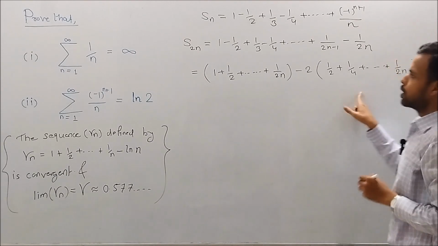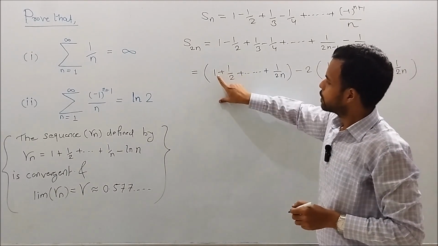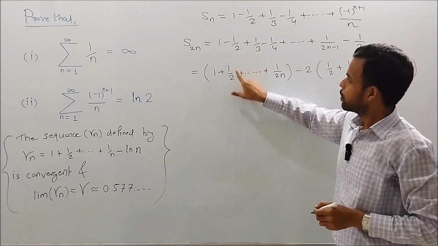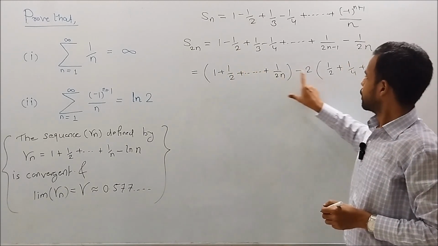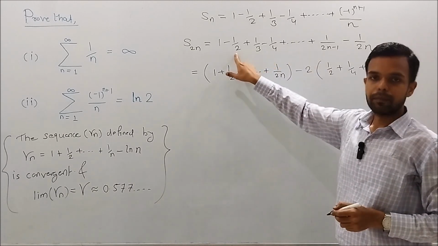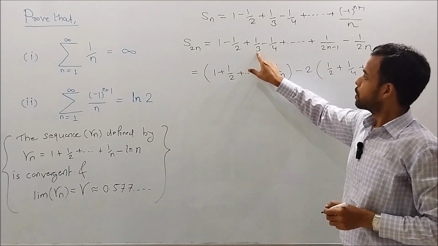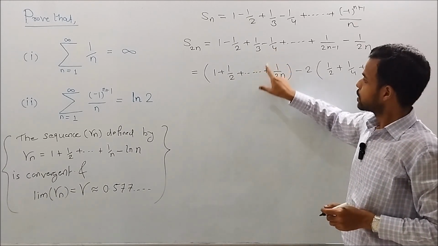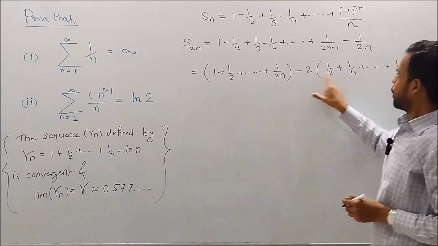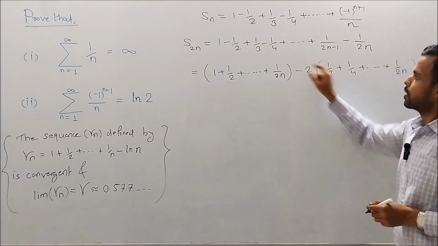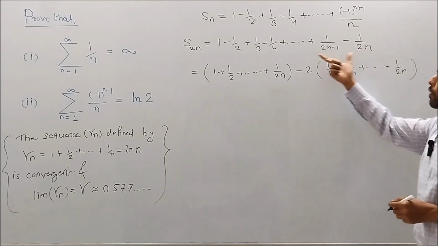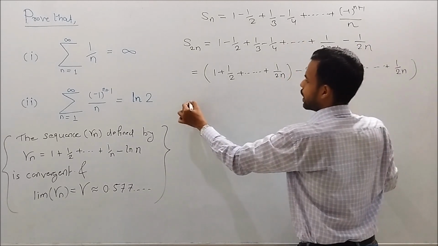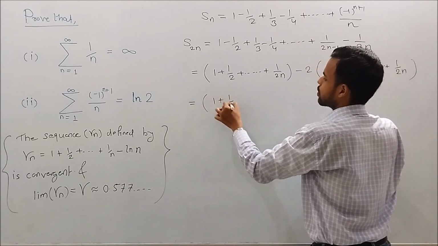To see this clearly, 1 is present here. For minus 1 by 2, clearly minus 1 by 2 can be written as plus 1 by 2 minus 1, which is minus 1 by 2. Plus 1 by 3 is present here. For minus 1 by 4, minus 1 by 4 can be written as plus 1 by 4 minus 1 by 2, and so forth.